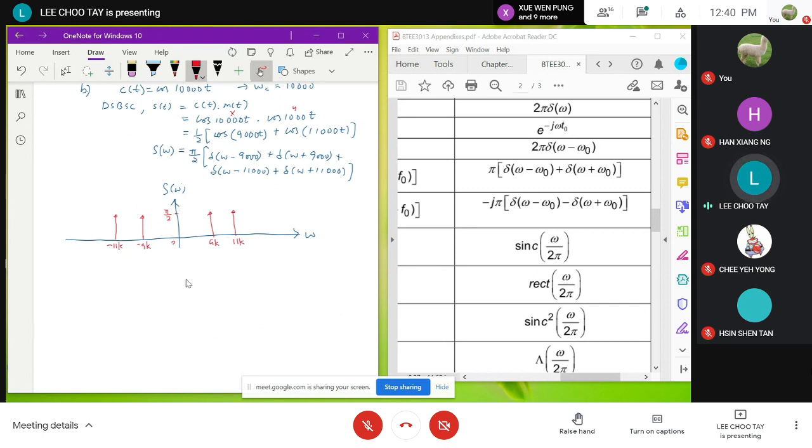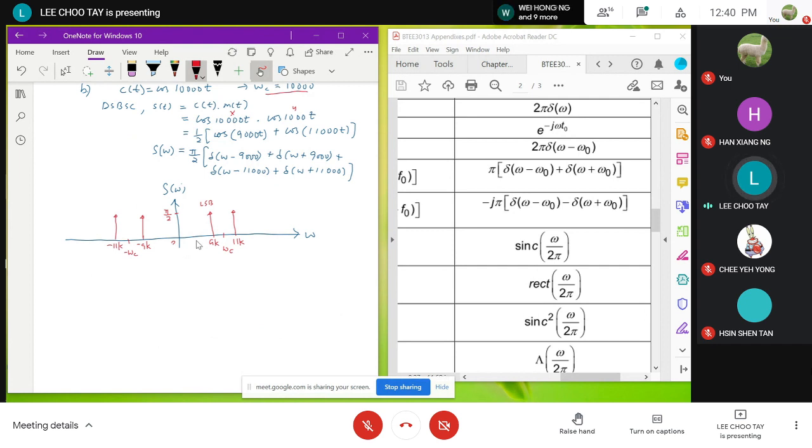All right, for part C, you need to identify where the lower sideband and the upper sideband are. The easiest way is to refer to your carrier frequency. In this case, our carrier frequency omega C is 10,000. So this is your omega C here, and this is your minus omega C. Anything lower than the carrier frequency is your lower sideband.